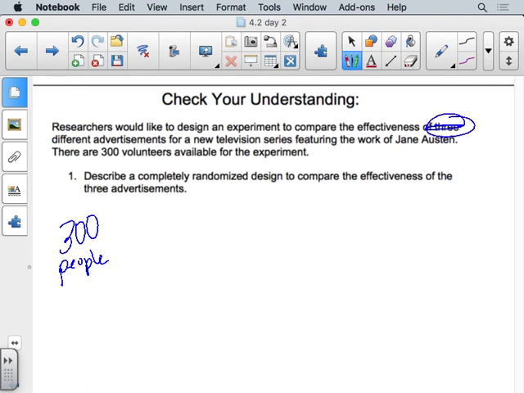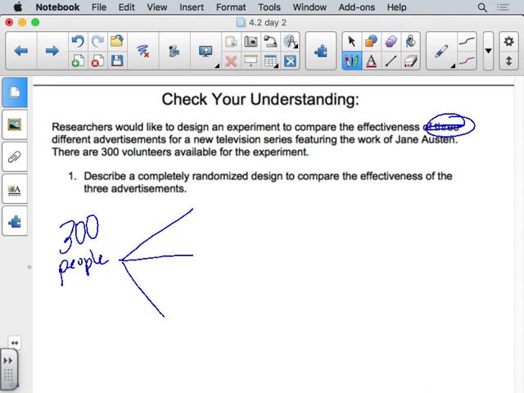That's our treatment. And we're trying to compare how those advertisements worked. Are they going to watch my TV series now? I've got 300 people and 3 different TV ads, so I need to split them into 3 groups.